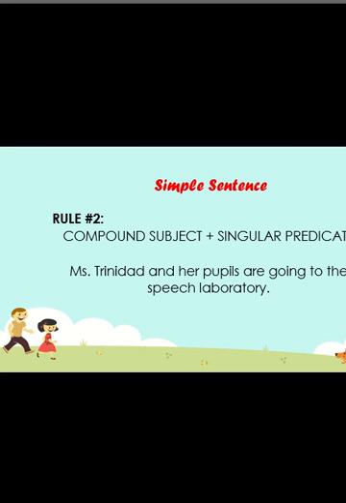We have two or more subjects in the sentence. What are the subjects in the sentence? Miss Trinidad and her pupils. Okay, very good. Is Miss Trinidad and her pupils only one or more than one? Who can answer? One or more than one?